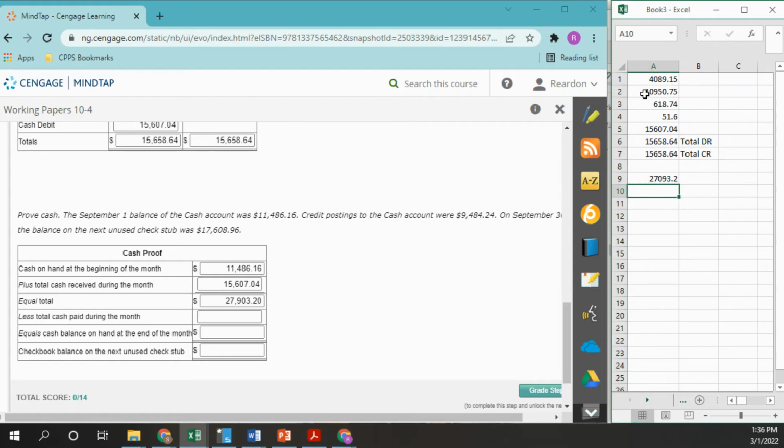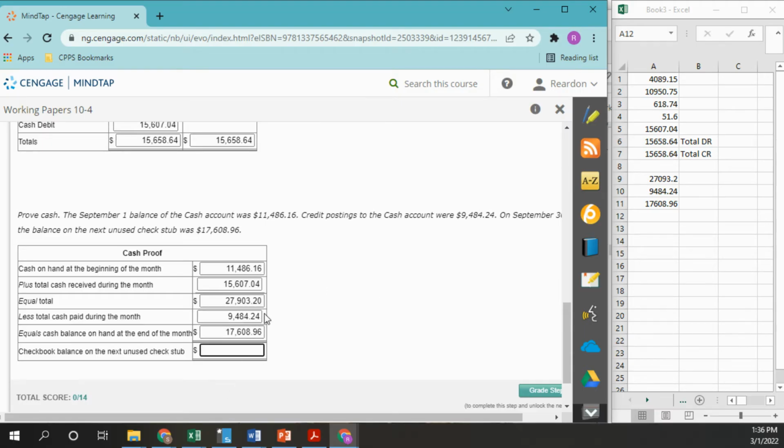Less cash paid out. Well, that's coming from the cash payments journal. I don't have that in front of me, but it says credits posting to the cash account were 9484.24. My difference is going to be my subtotal minus cash out: 17,608.96 is what my cash balance should be.